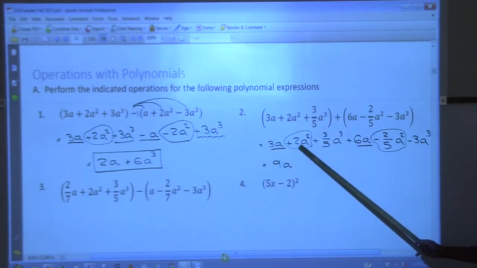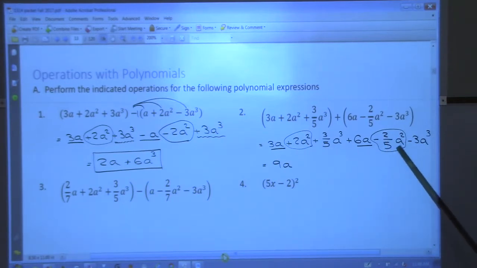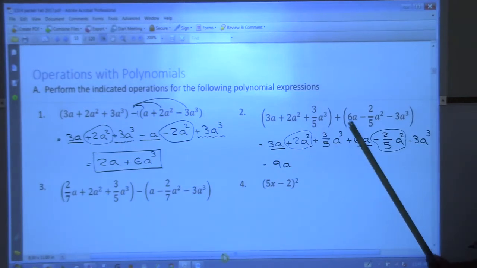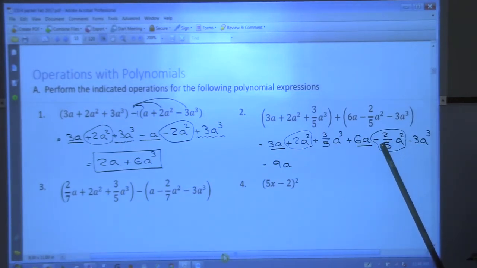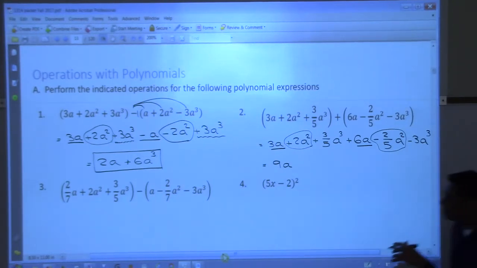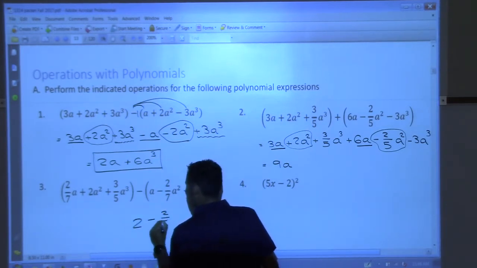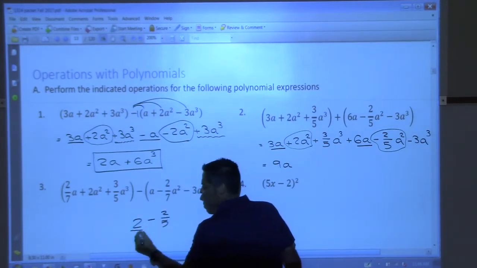Here we're going to go 2a squared minus 2/5 a squared, so you're actually going to need to do what? 2, and then you're going to need to subtract 2/5, right? And then whatever that answer is, you'll put the a squared next to it. So I'm going to go on the side over here and just do that real quick arithmetic. 2 minus 2/5. I rewrite 2 as 2 over 1.